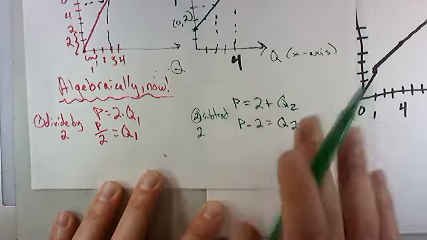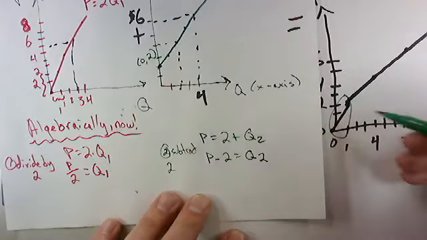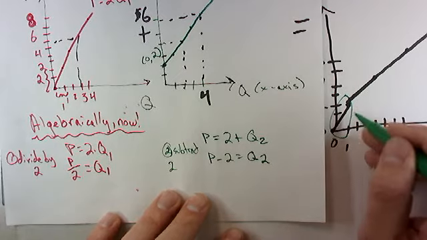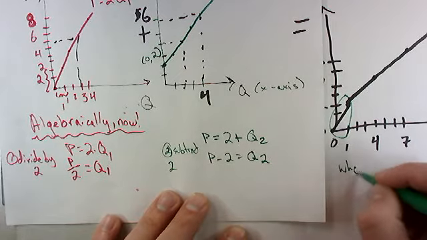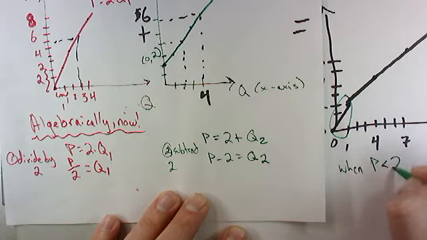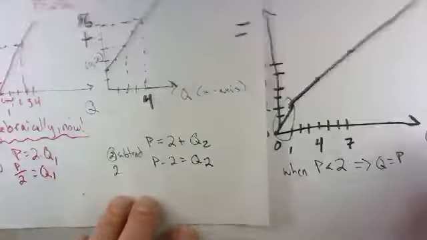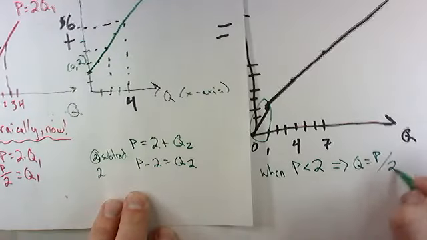But we have to pay attention to the fact that there's a region where the quantities don't overlap. So when P is less than 2, the market supply is actually just going to be firm 1 supply. That's going to be Q equals P over 2.